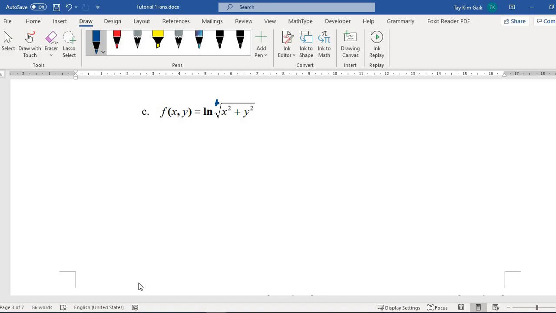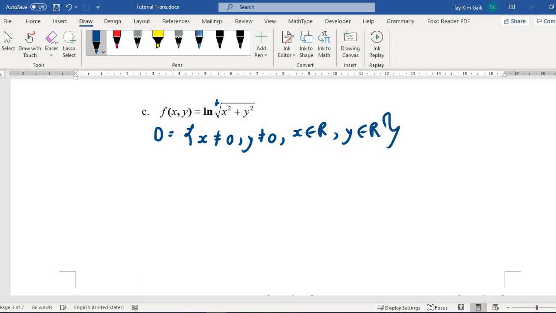That's why here, in the domain, when x is 0 and y is 0, ln 0 is undefined. That's why x and y cannot both be equal to 0. But x is a member of the real numbers, y is a member of the real numbers. Okay, how about the range? How about the range?